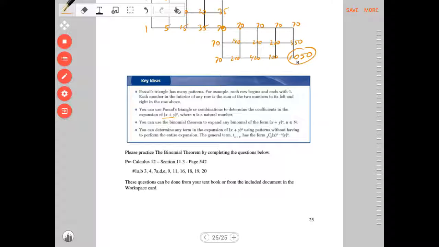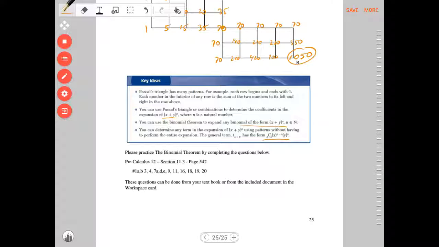You can use the binomial theorem to expand any binomial in that form, x plus y to the n, any binomial at all. It's awesome. And then you can determine any term in the expansion of x plus y to the n using that cool little formula that we developed and is on your formula sheet.